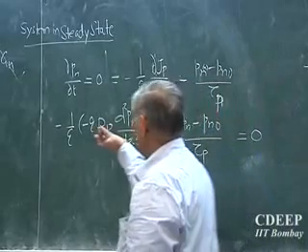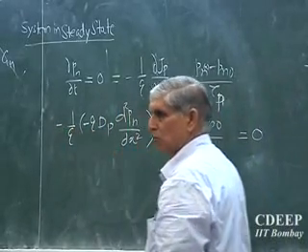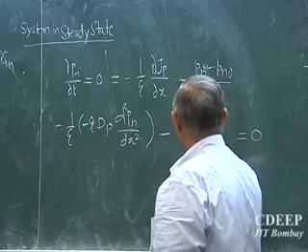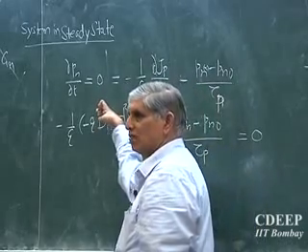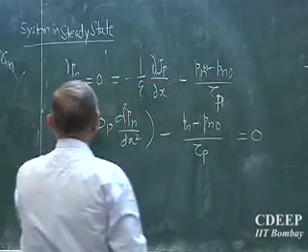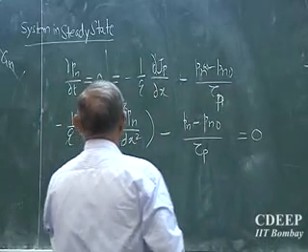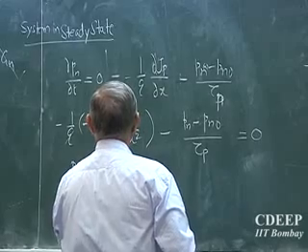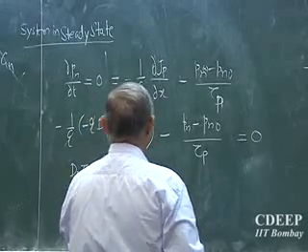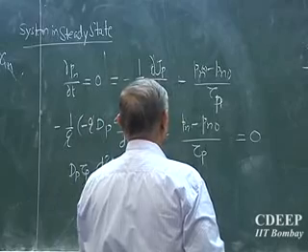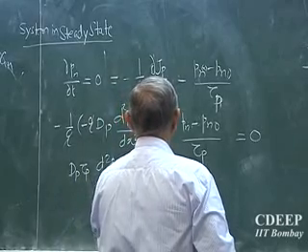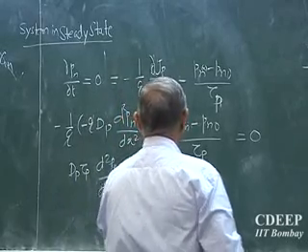You can see here this will become positive and this will become negative. I can take this tau p term to this side from the denominator, q cancels, so I get Dp tau p d2pn/dx square equal to Pn minus Pno.